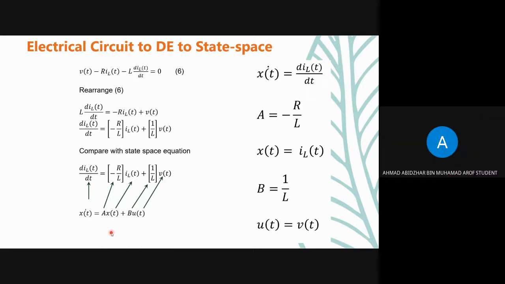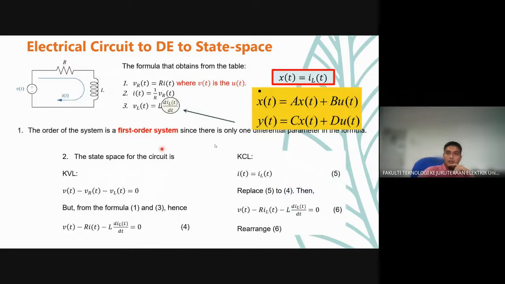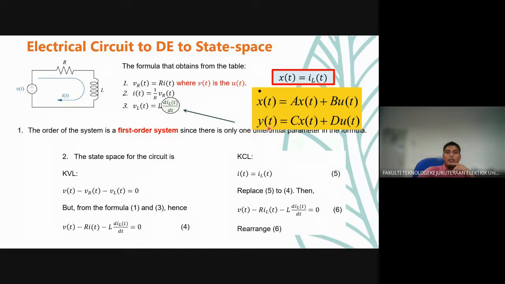CXT plus DUT. Okay, that's correct. So that equation refers to what? YT normally refers to what? The output vector. Output, right? That's correct. So YT refers to the output.